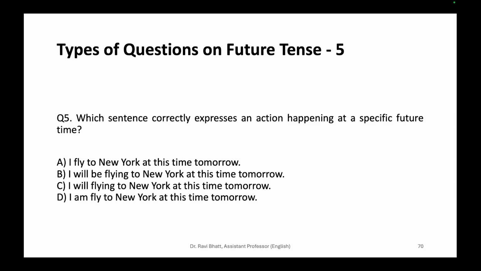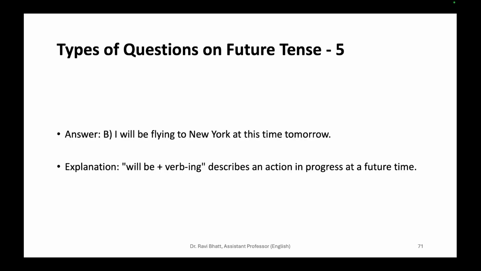Or D. I'm flying to New York at this time tomorrow. The answer is B. I will be flying to New York at this time tomorrow. Okay. Will be plus ing form of the verb. It describes an action that is in progress at a future time. All right. So that is, I will be flying to New York at this time tomorrow.